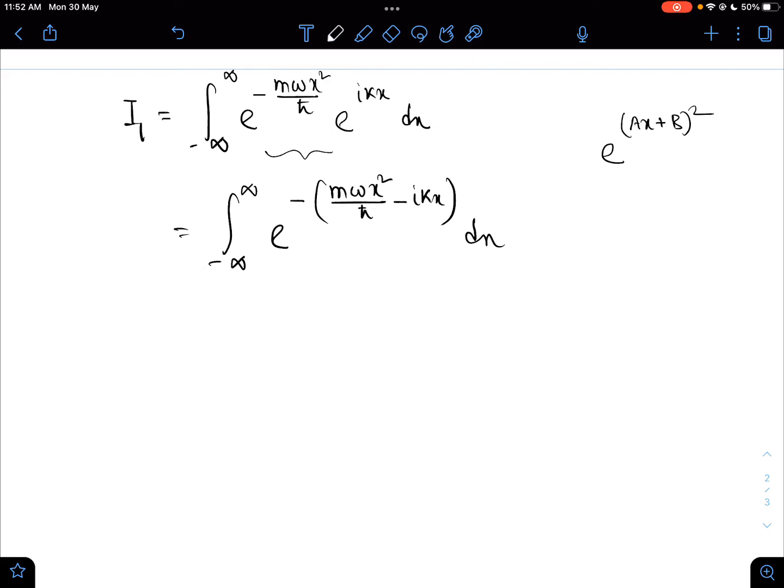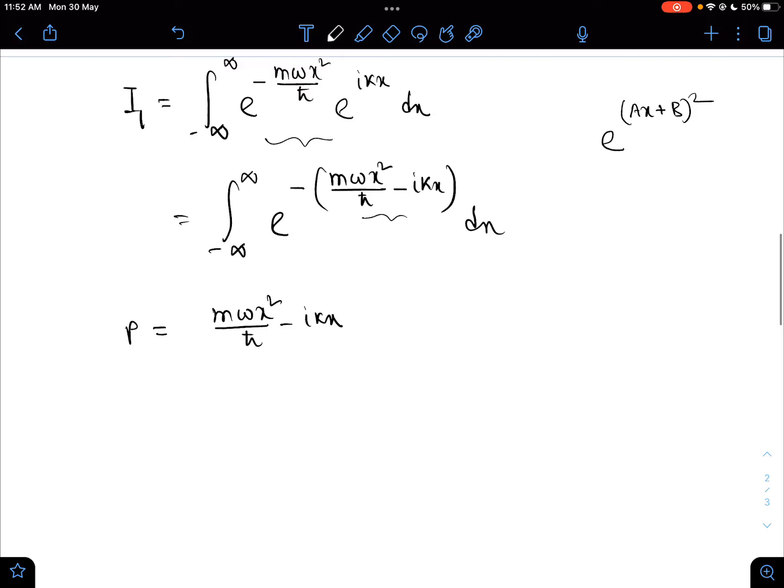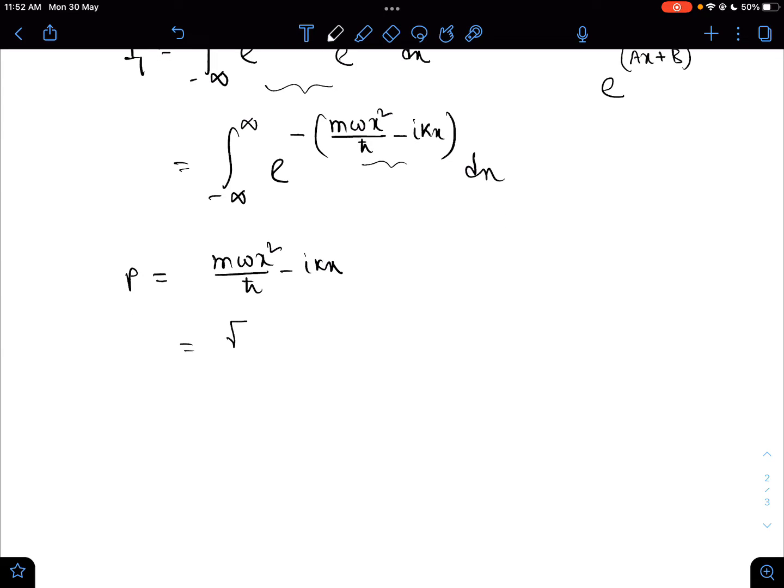Now if we denote this as p, so p is m omega x squared by h cut minus ikx. We can write this as root under m omega by h cut into x squared minus 2 root under m omega by h cut x, but we have to have here ikx. So what we will do?